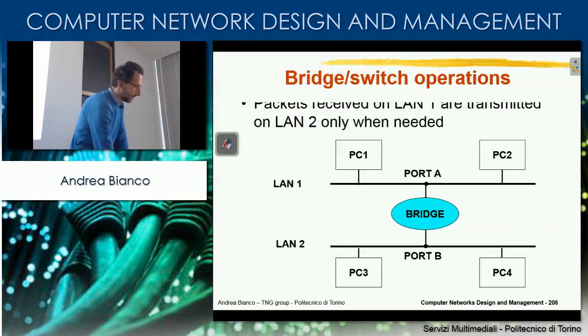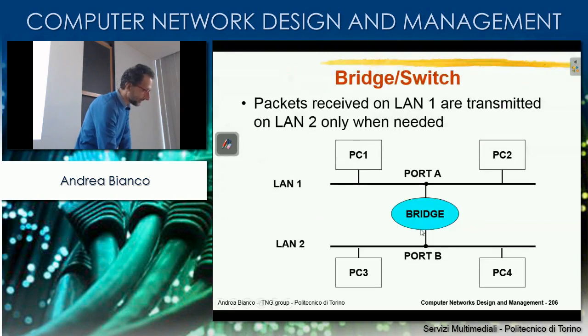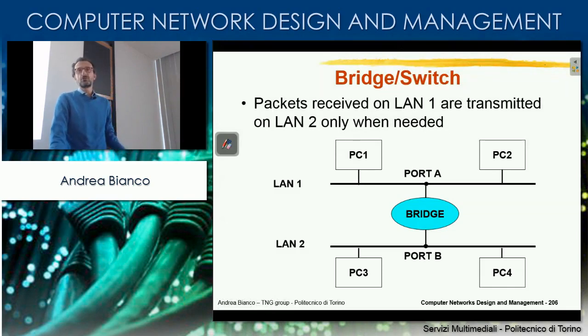Now, here we have a very simple scenario in which we have one bridge and 2 LANs. And the idea of bridge and switch operation is the following one. This is a bridge with 2 ports, port A and port B, and the bridge is operating only if it is needed.